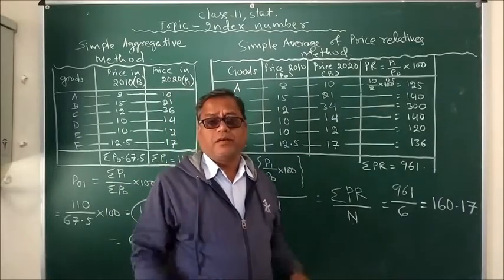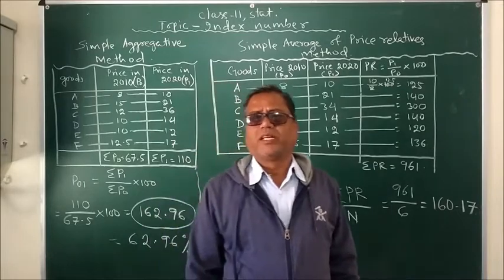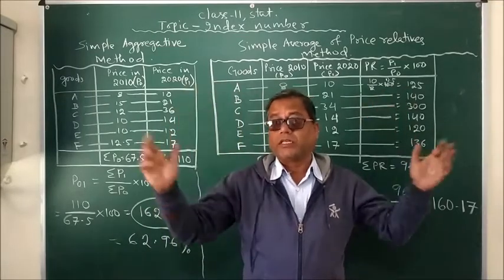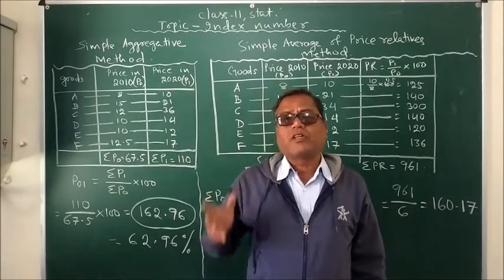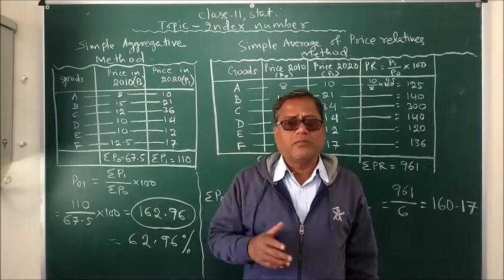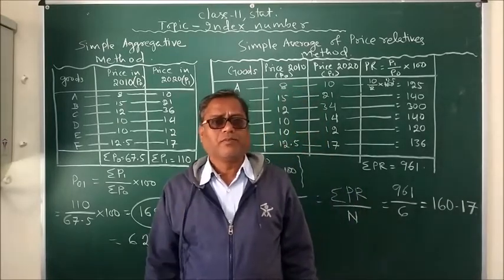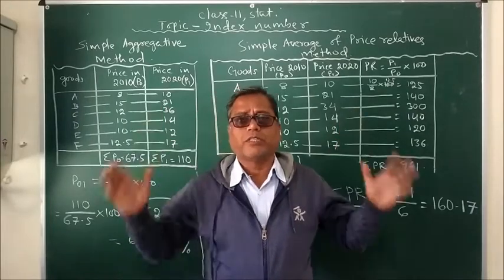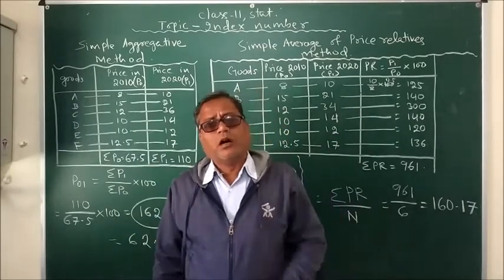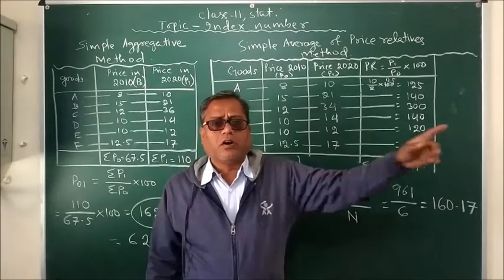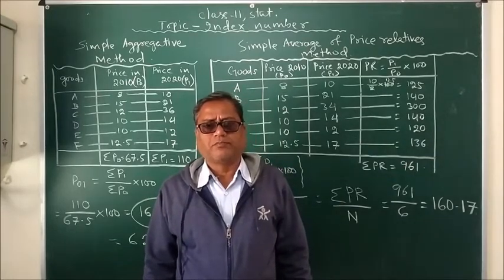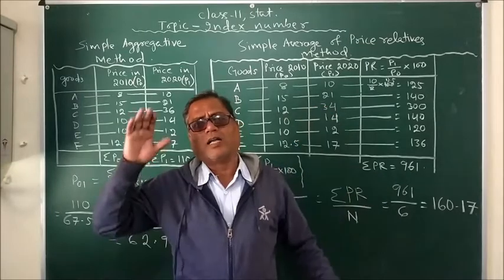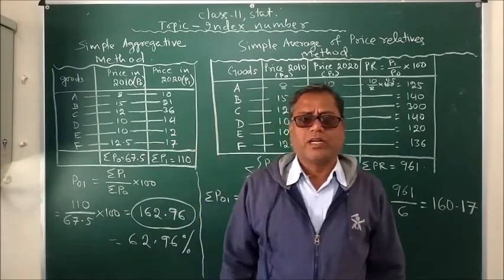As I told you yesterday, there cannot be any all-purpose index number. Even if we are trying to find the index number related to the cost of living of people, we cannot construct an all-purpose index number that will represent the whole population, because they differ highly in their economic conditions and purchasing power.